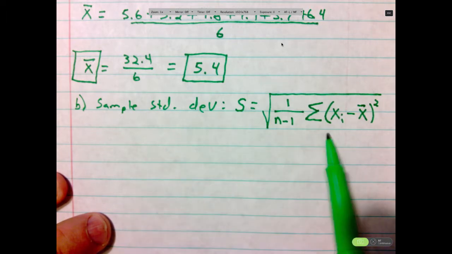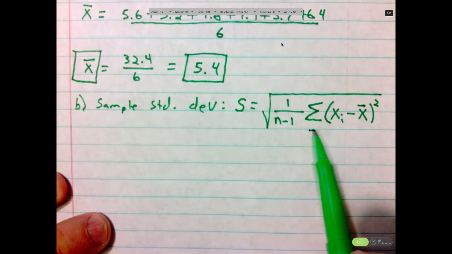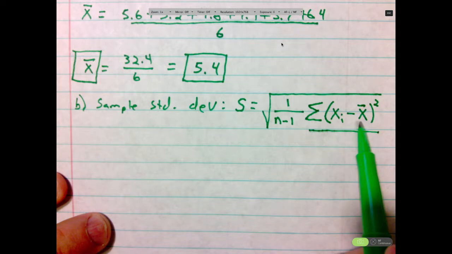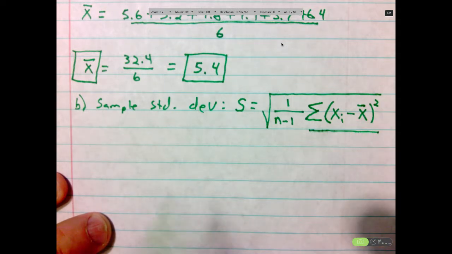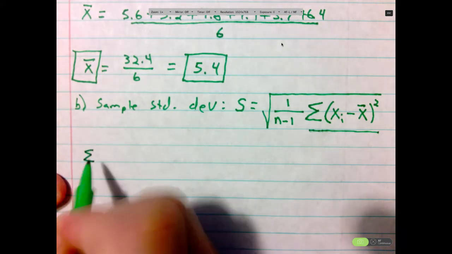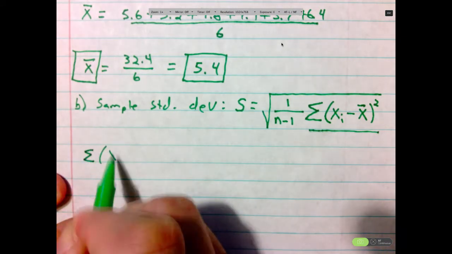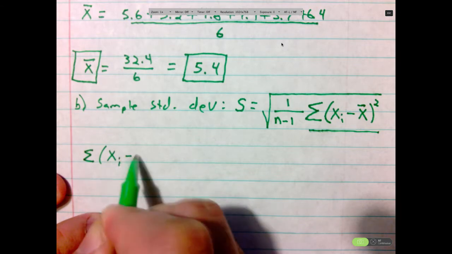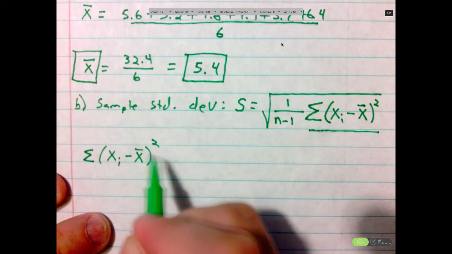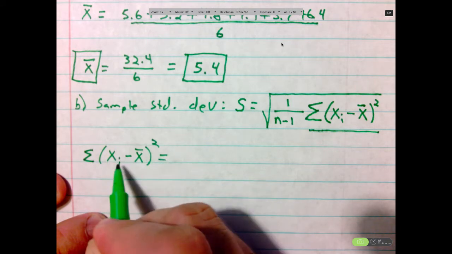So I'm first going to calculate this term here, the sum of each X minus the sample mean quantity squared. So our first X is 5.6.